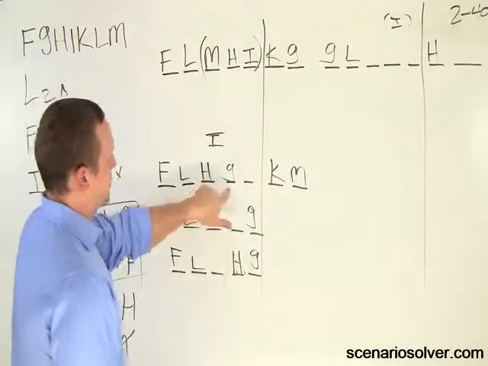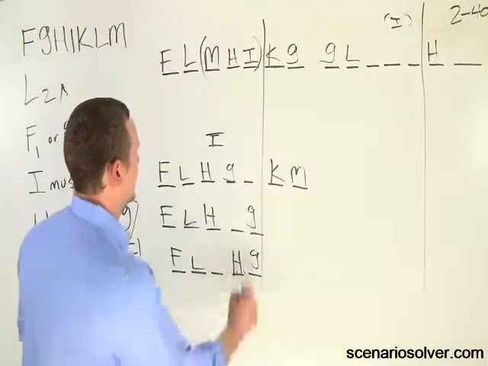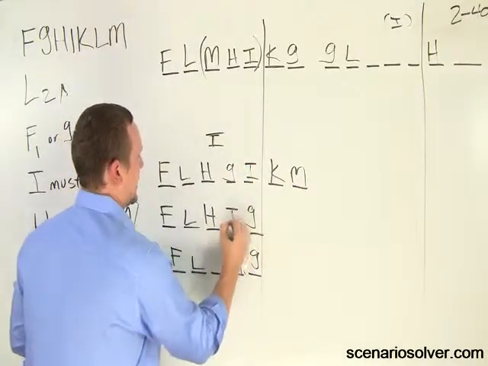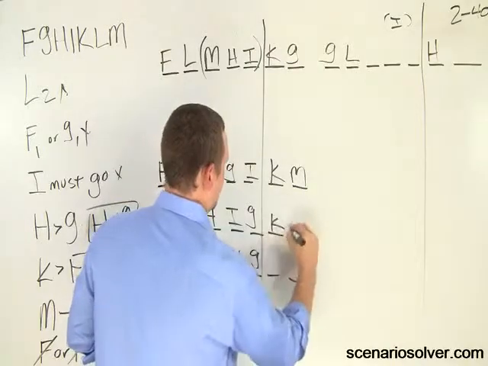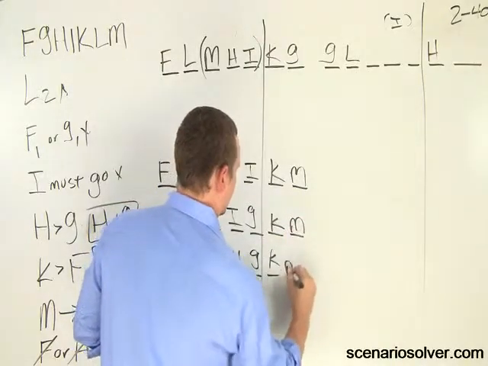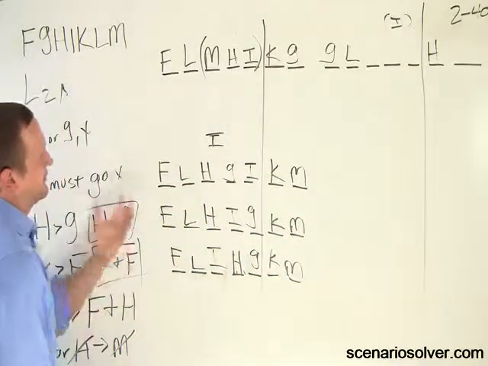Okay, it's H and G can go there, or can go there. And then we're just left to fill in I. And that's all that can happen. We have 4 scenarios here.